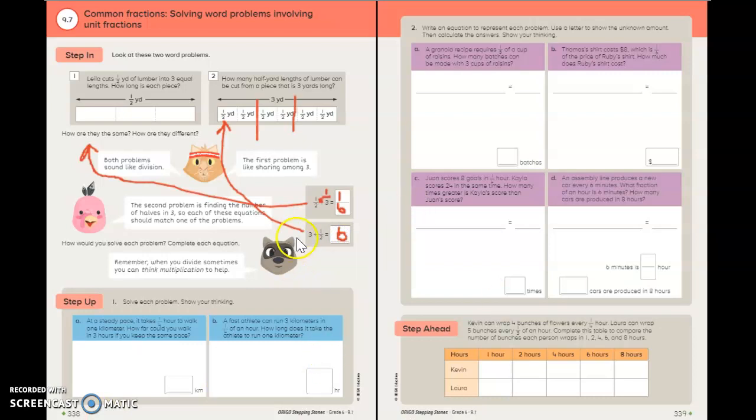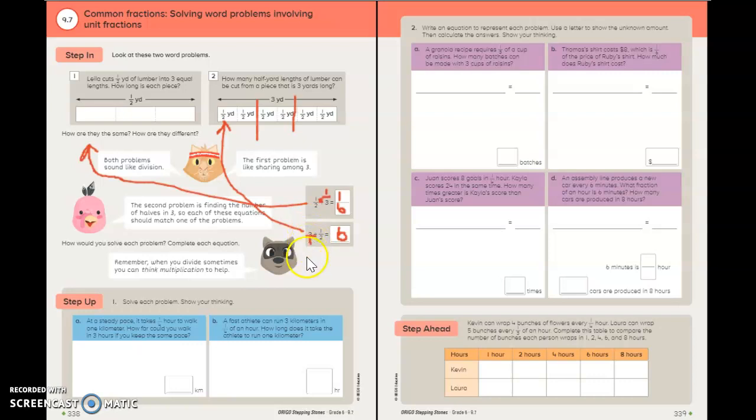Or if you want to do it a fancy way, it's been a while since we've done this, but if you put the 3 over 1, remember you're not changing the value at all. That's just like saying I have 3 ones, which is the same as 3.